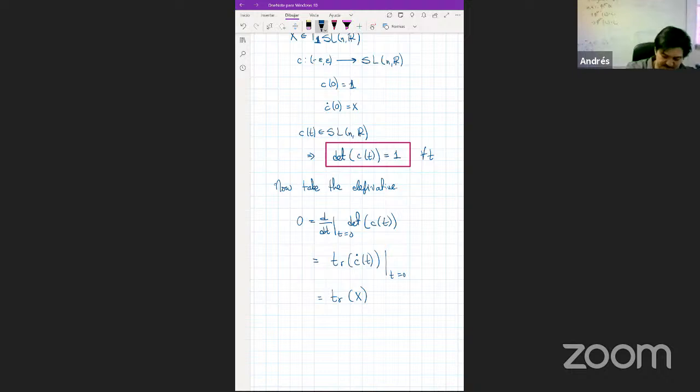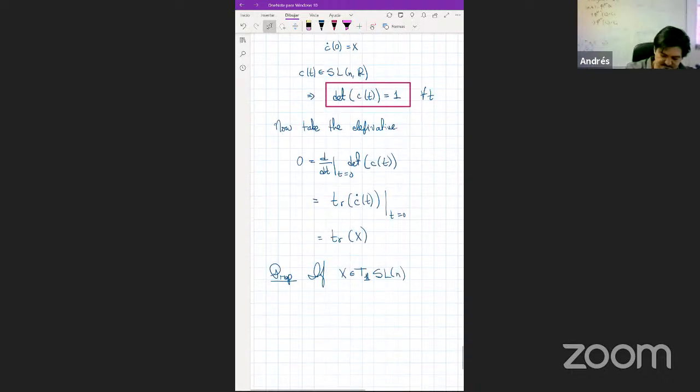So what do we have? If I have any vector here, right?